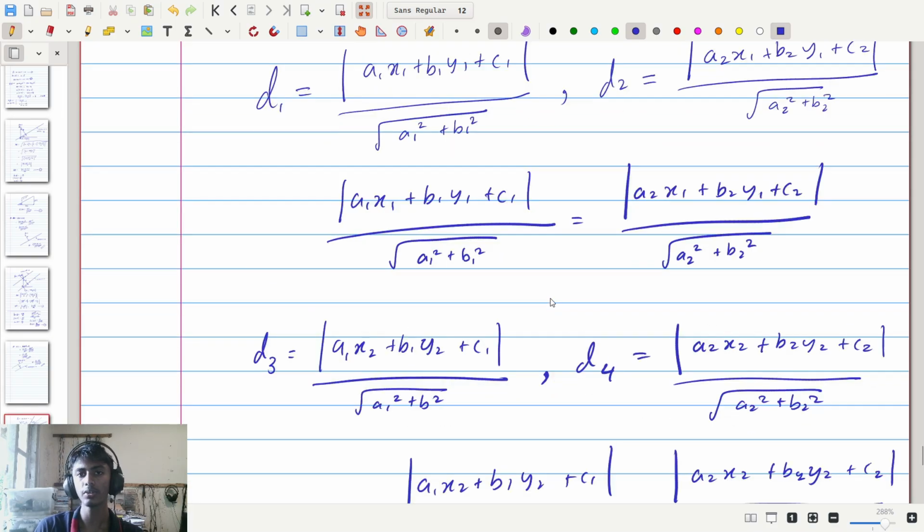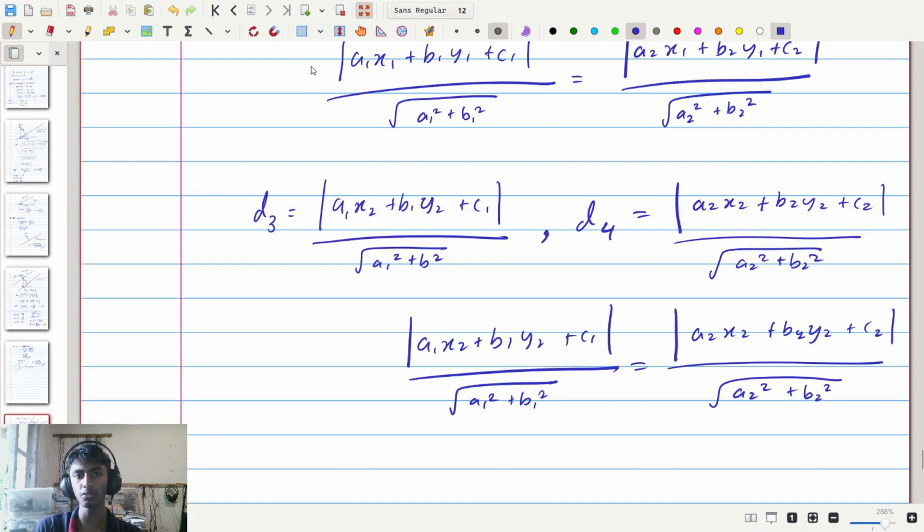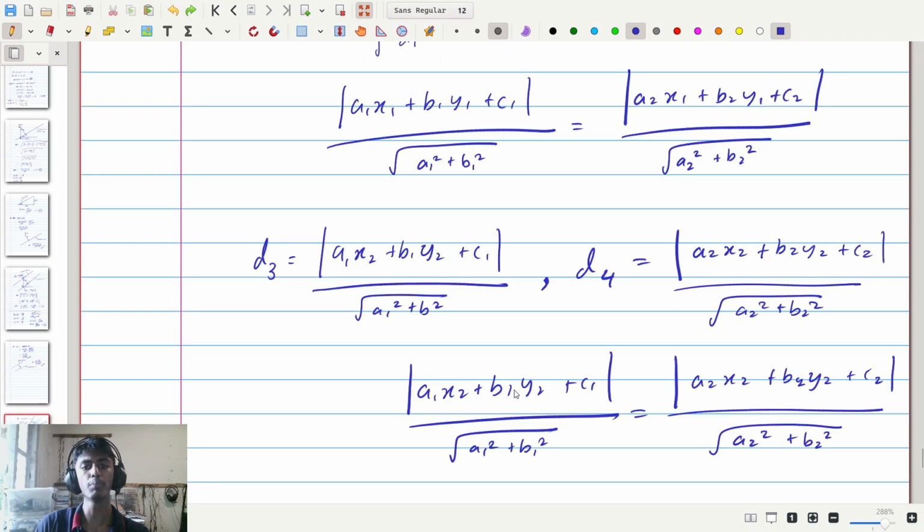So then, if we consider the two conditions we need, this is the condition for the bisector of alpha, this is the condition for the bisector of beta, and we can see both of these have the exact same condition.